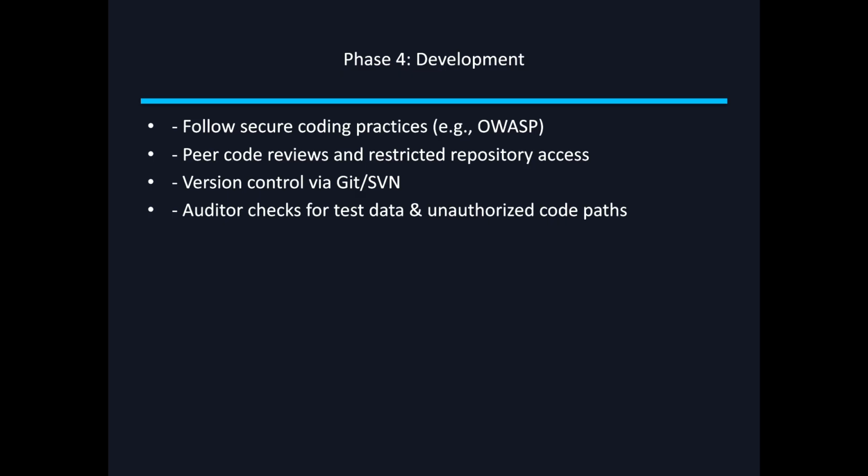So in a fintech startup, a developer committed API keys directly in the source code. These were later exposed publicly on GitHub. A quick audit of version control access could have prevented a multi-million dollar breach.